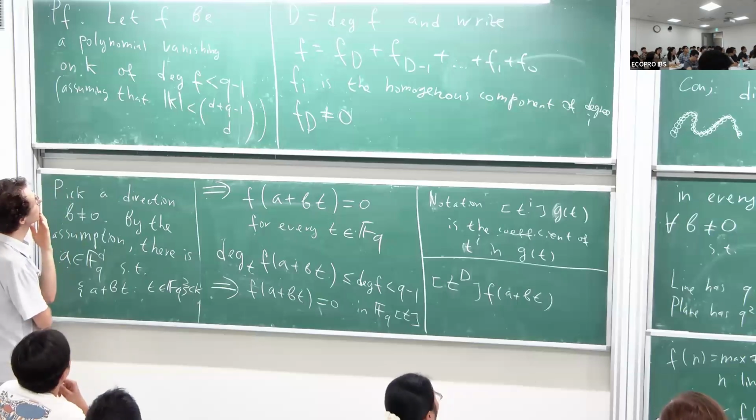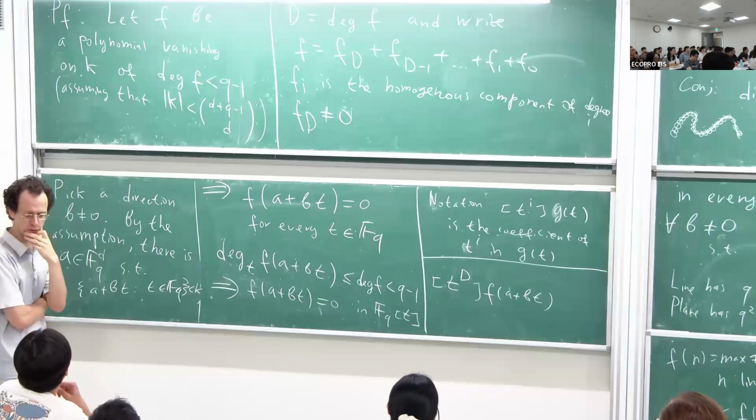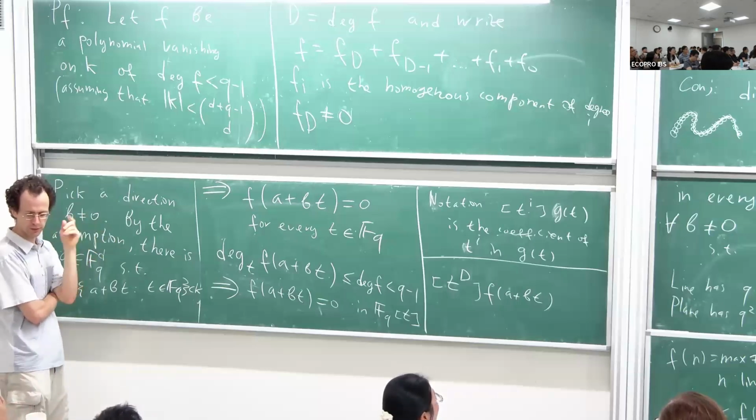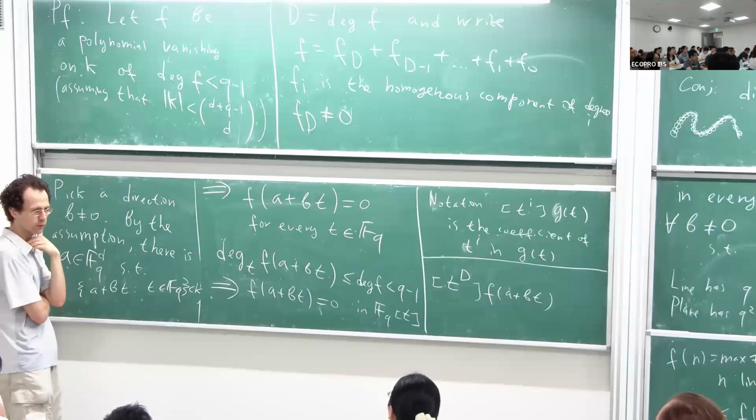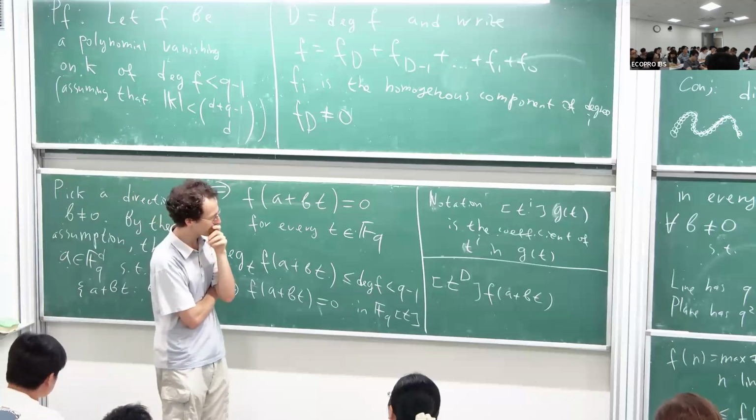Maybe not. Maybe I don't need minus 1. But I need to think through this. But I mean, it's not going to make a difference for the main thing, but I don't think I'm using it. No. I think I would. You're right. We could probably get rid of it. Sorry.